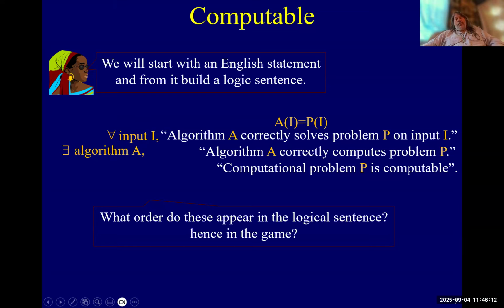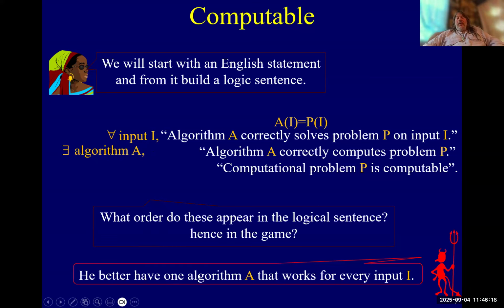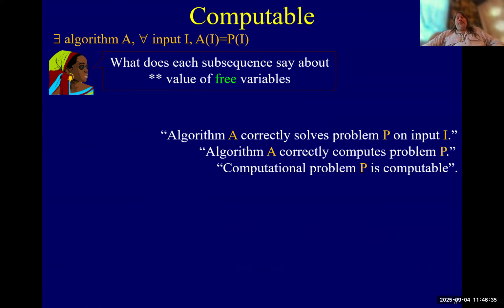Anyway, let's see what order they appear. The thing is, we want one algorithm that works for every input. So we have to say there exists one algorithm such that for any input you get the right answer, right? Does that make sense?